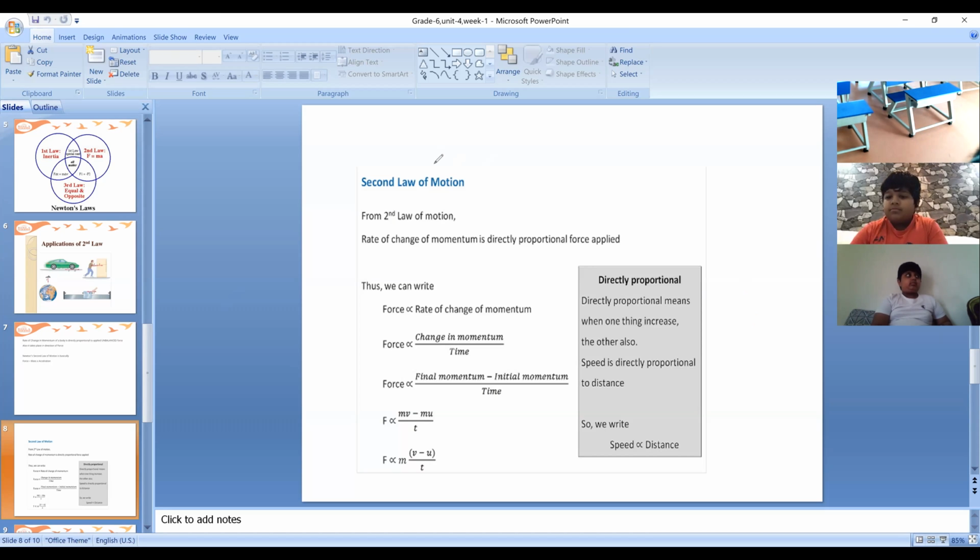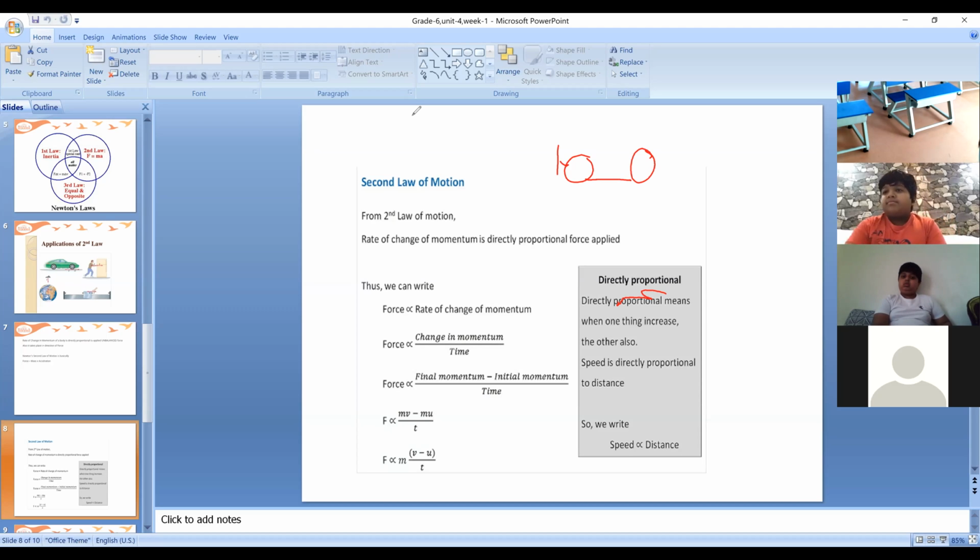You're standing here and pushing it, and it has been moved from here to here. Let us assume the distance moved is 1 meter. You have moved it, so you measure the distance.